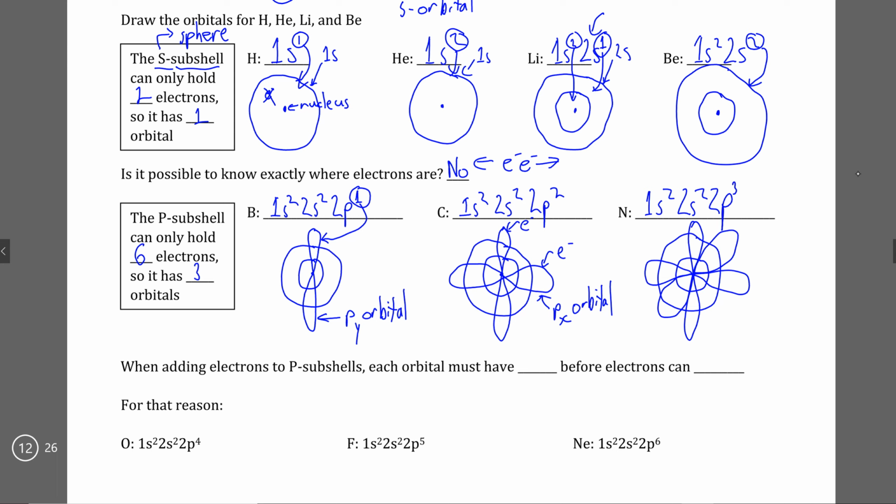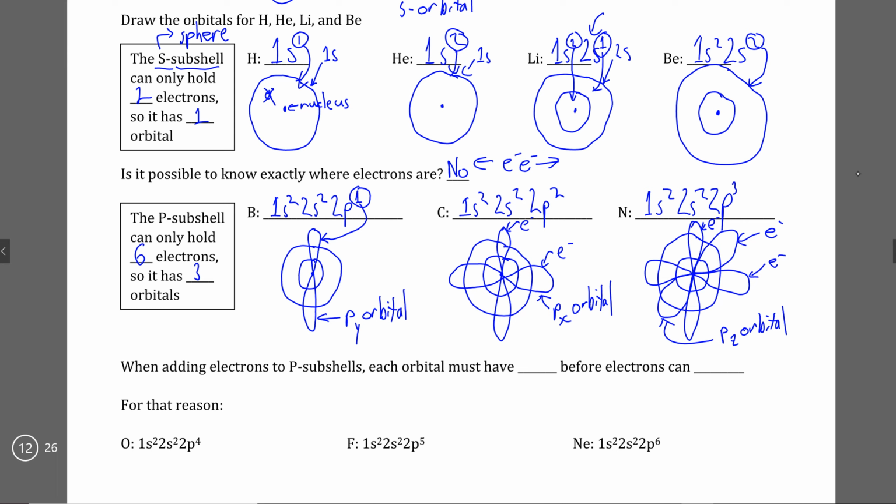Since electrons do not want to pair unless they have no other choice, 1 electron goes into py, 1 electron goes into px, and if you said that this is what we call a pz orbital, you would be accurate, and the third electron goes into pz.